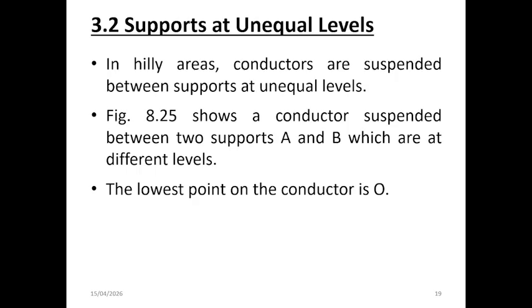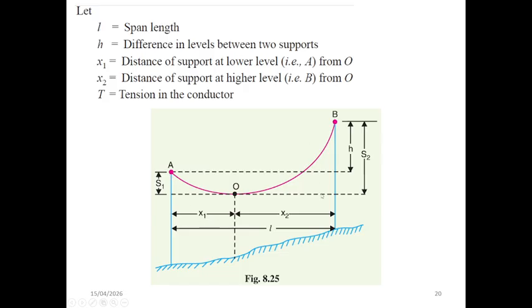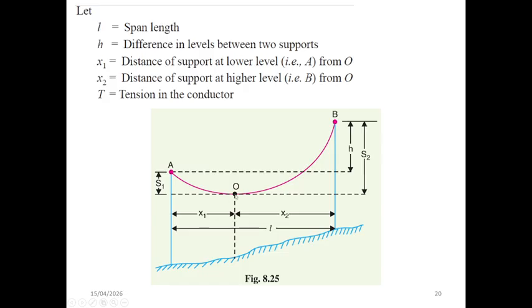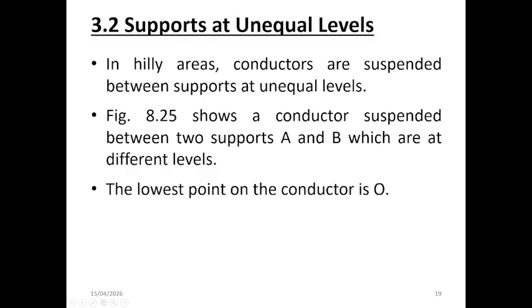As shown in this figure, we have two supports, support A and B. Support A and B are at different elevations, causing the lowest point of the conductor, this lowest point O, to shift away from the midpoint of the span.